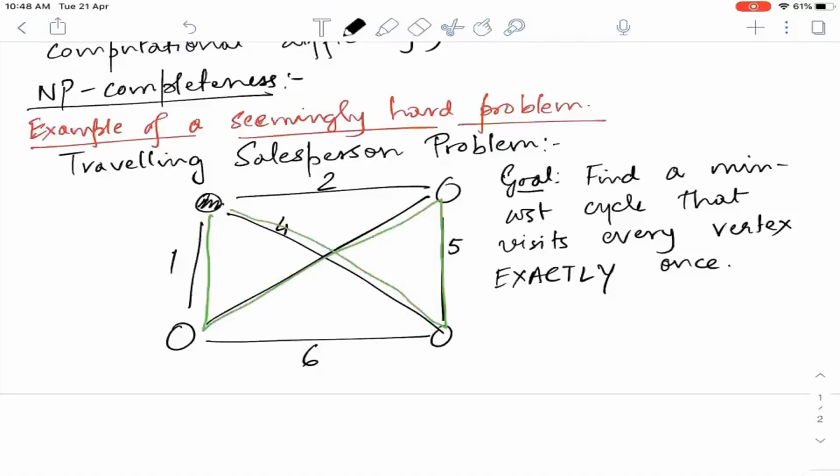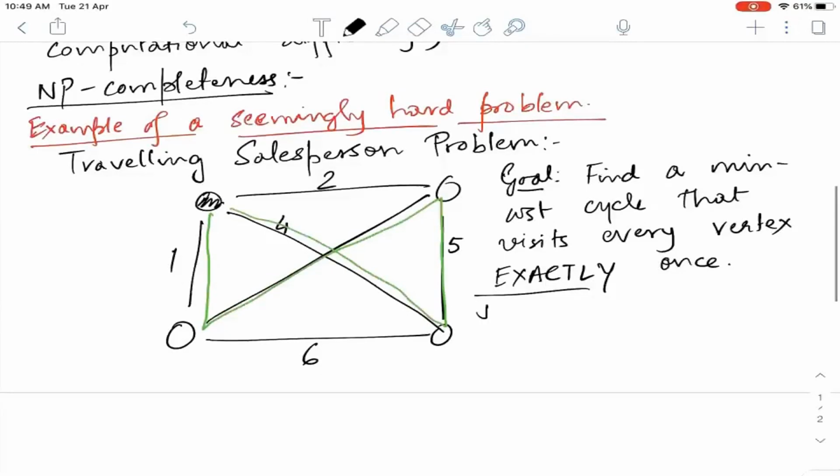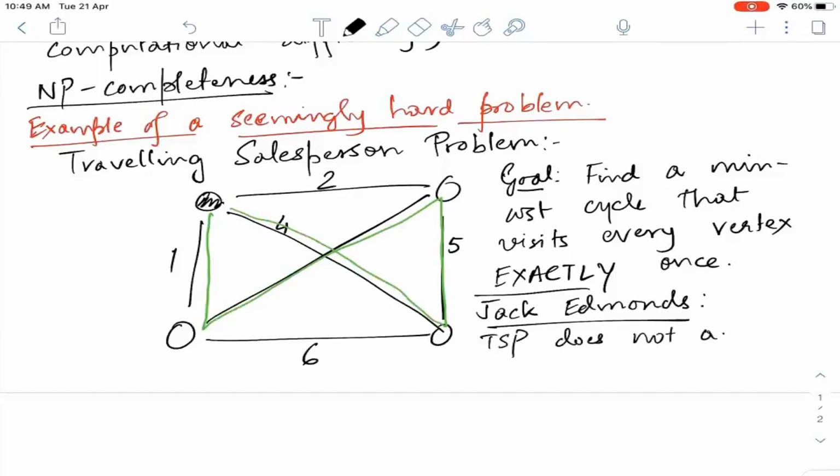Okay. So one of the pioneers of the field of algorithms, a person by the name of Jack Edmonds, had conjectured long back, yeah. I don't remember the exact date, but he had conjectured that TSP does not admit efficient algorithms.